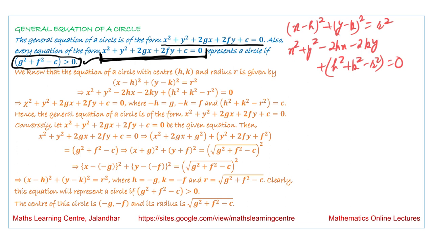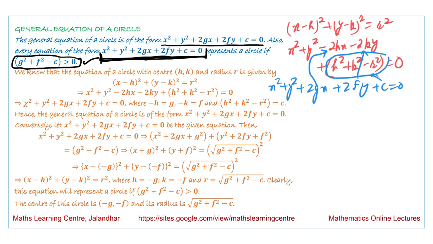And we can write this equation in the form x² + y² + 2gx + 2fy + c = 0, where g is −h, f is −k, and c is h² + k² − r². So the standard equation can be written in this form by making these substitutions.